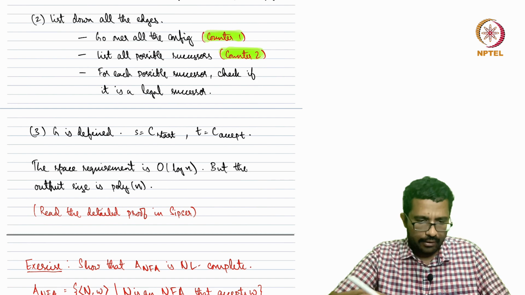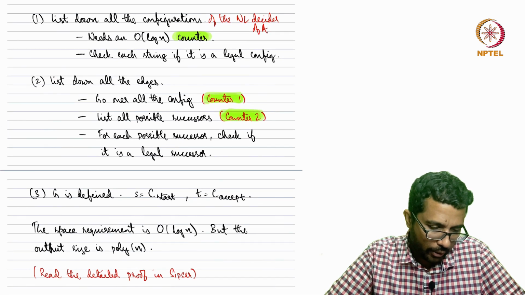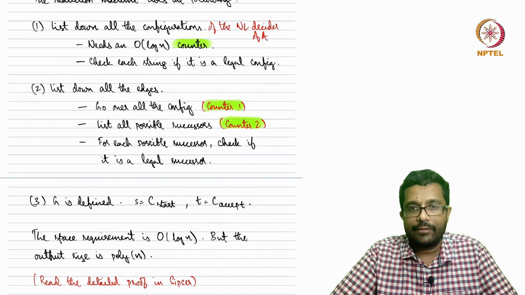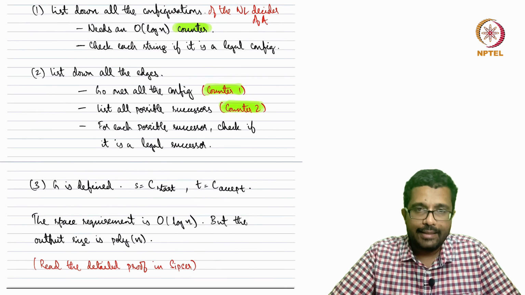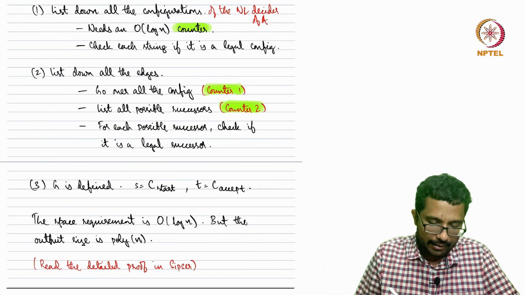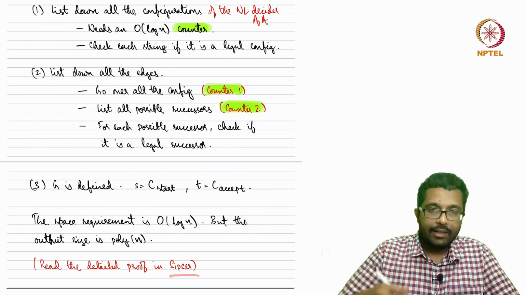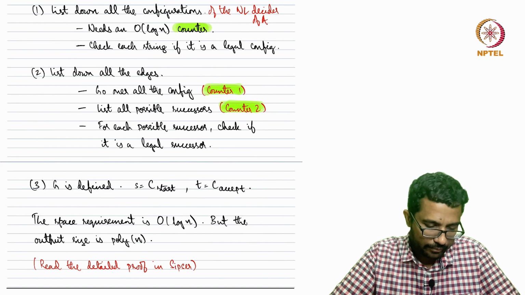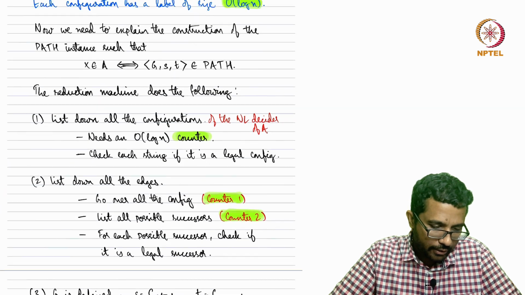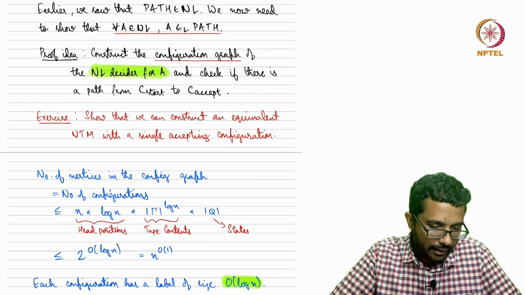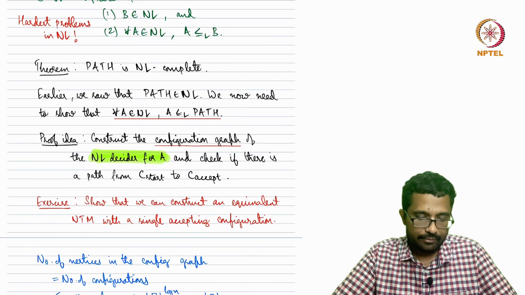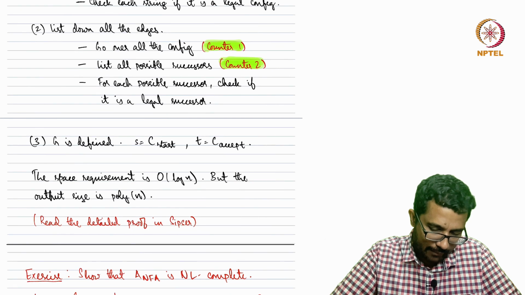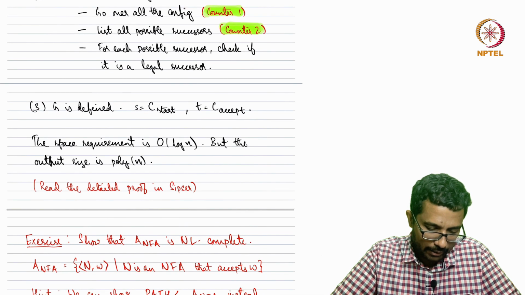I've explained the details here, but if you want a slightly more detailed version, you can read the detailed proof in CIPSR to understand the nitty-gritties. This shows that the language PATH is NL-complete. That completes the proof that PATH is NL-complete.